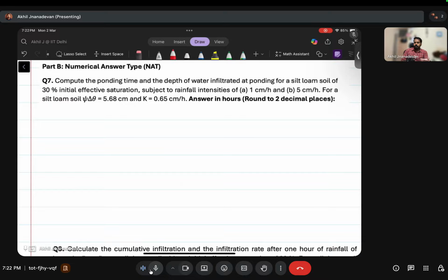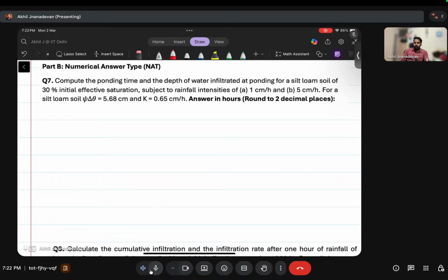So we had already done one question where we assume that the ponding has already occurred and it is at the ponding depth and the ponding depth is negligible. T is equal to the time of ponding. What is this? So that we had already calculated. But now, after ponding, how much water will be more infiltrated? That we had seen in the previous week 6 lecture. That is the equation we have derived. And based on that, we will be solving these questions.